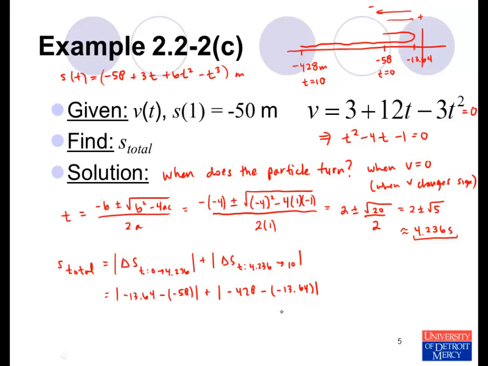We add those two numbers together. That works out to be approximately 458.7 meters. That's the total distance traveled. And so this concludes this example, example 2.2-2.